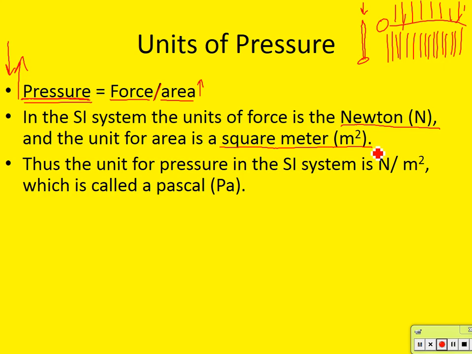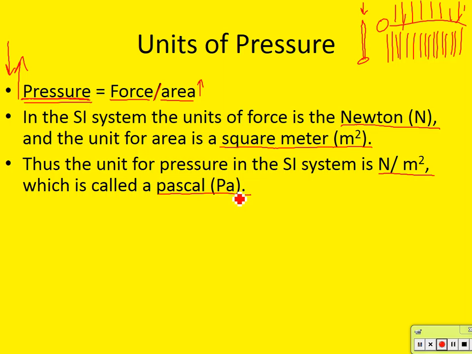Thus, the unit for pressure in the SI system is Newton divided by meter squared. And this is also called a Pascal. A Pascal is abbreviated capital P, lowercase a, Pa.